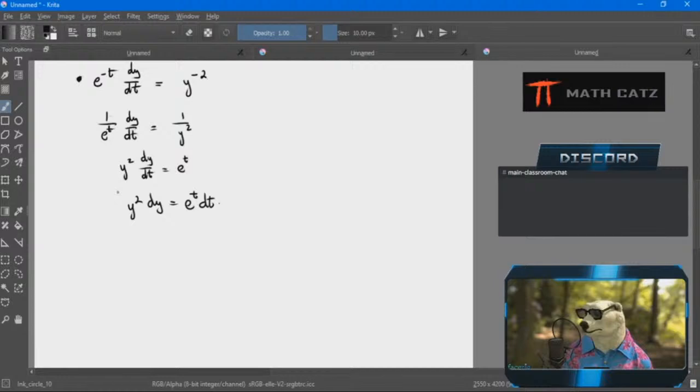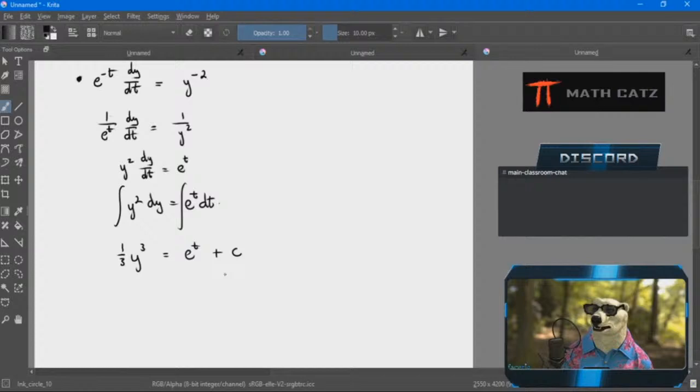Same thing always, we're just practicing, and that repetition helps me get some confidence. When they're separated, integrate both sides. Now do them in isolation. The left-hand side is just an antiderivative question in y. The antiderivative of y squared will be y cubed with a 1/3 correction. The antiderivative of e to the t with t as my variable is e to the t.